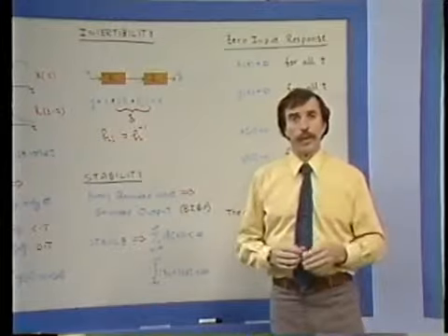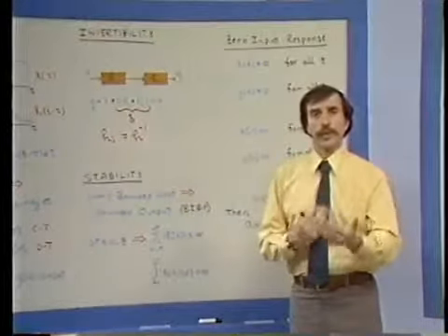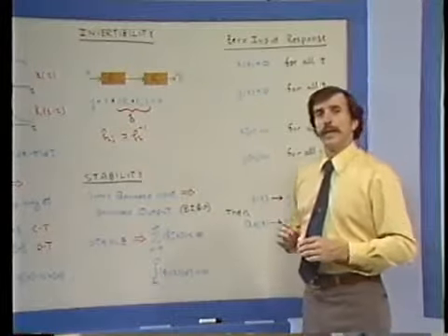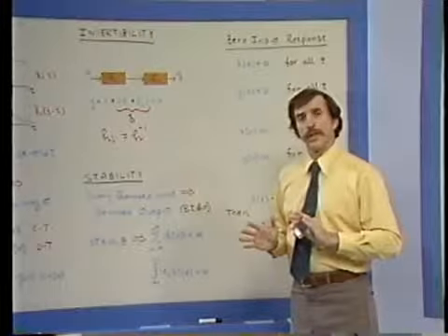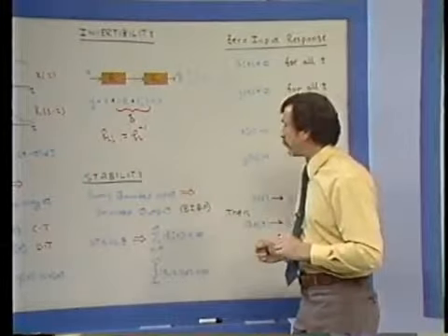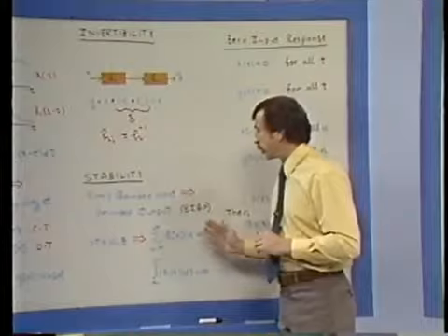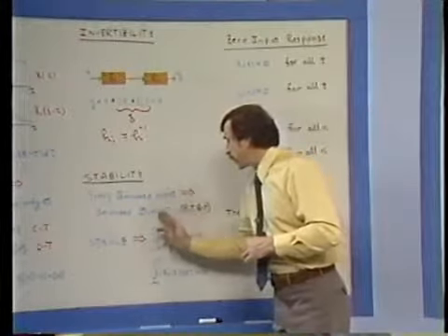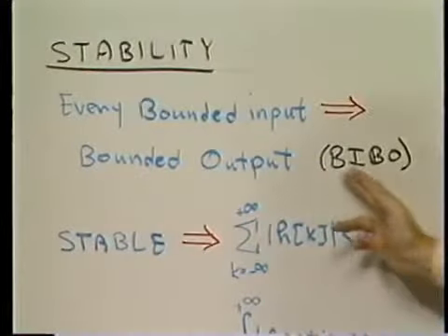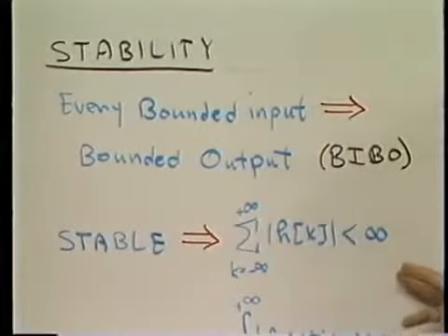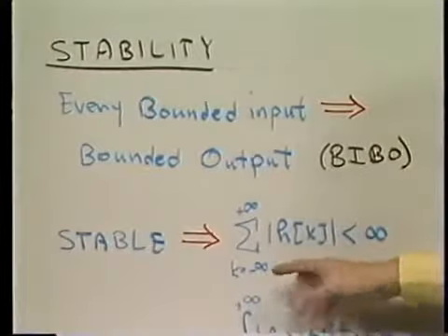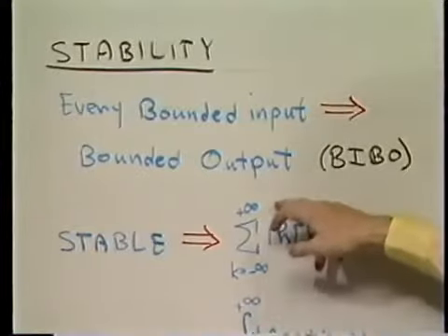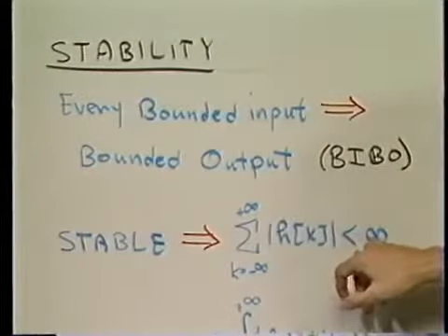What you can show, and I won't go through the algebra here, it's gone through in the book, is that a necessary and sufficient condition for a linear time invariant system to be stable in the bounded input, bounded output sense is that the impulse response be absolutely summable. In other words, if you take the absolute values and sum them over infinite limits, that's finite.